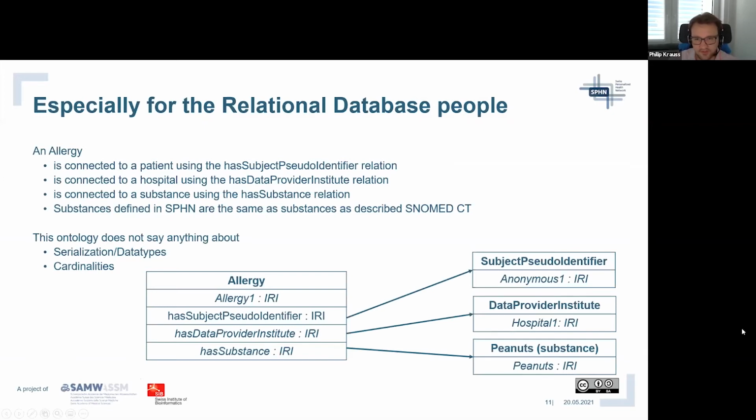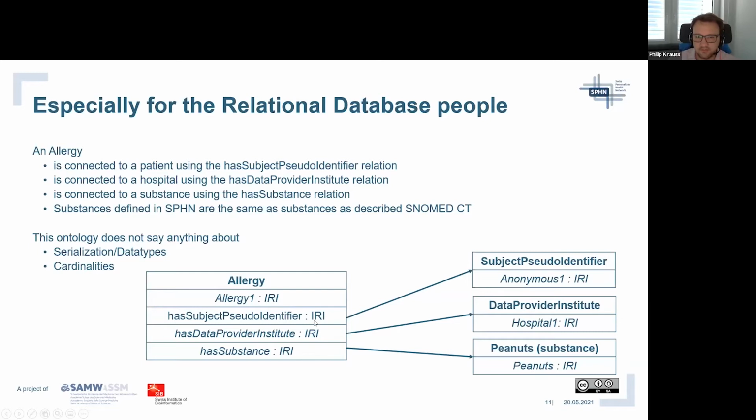And so for the relational database people out there, you can now think of an entity relationship model that looks a little bit like this one. So we say that the allergy is there. The allergy has an IRI, which Vasundhara will explain shortly.